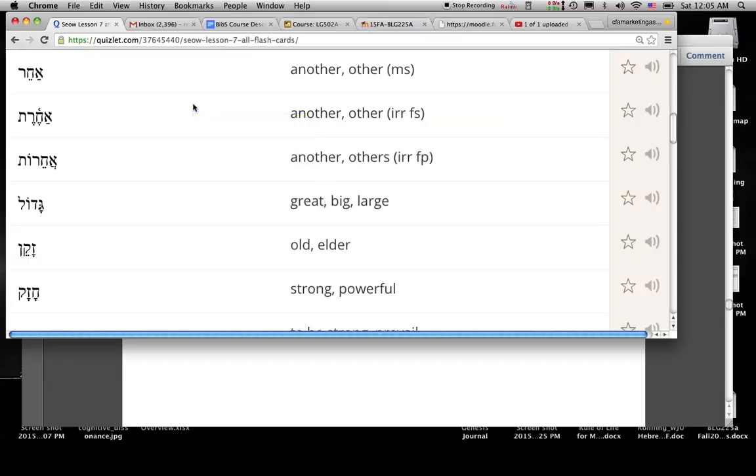Others will be like kaved or maleh, ra'ev, zaken. So they're giving you various examples of each of these 5 forms, right? And we're going to see all of these in the vocabulary here.